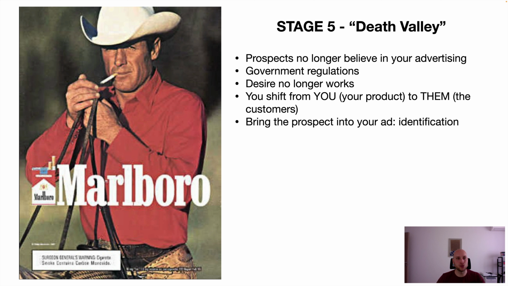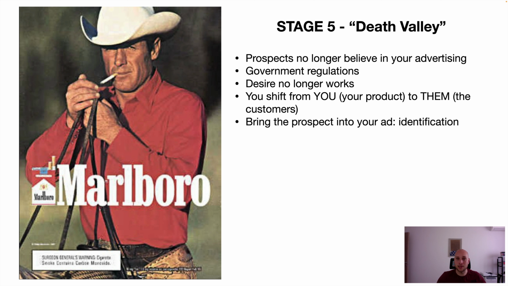So it showcases on the poster this strong, masculine, "I want to be like that man," right? And it simply states the brand's name, and that's it. That's the entire ad. Now, whoever identifies as that guy over there smoking a Marlboro or wants to be like him, they'll just buy into this brand. This is the power of identification.